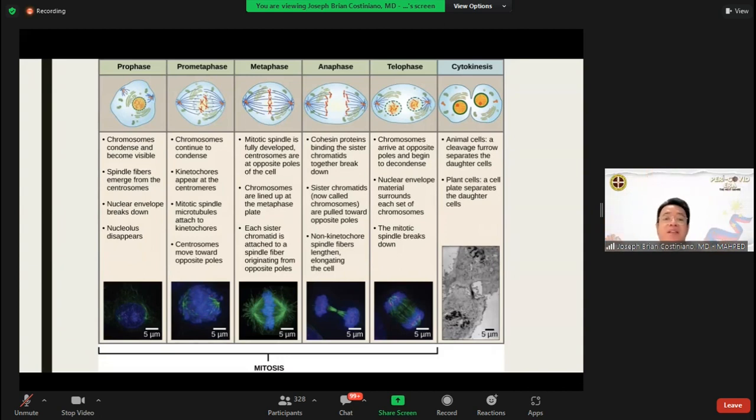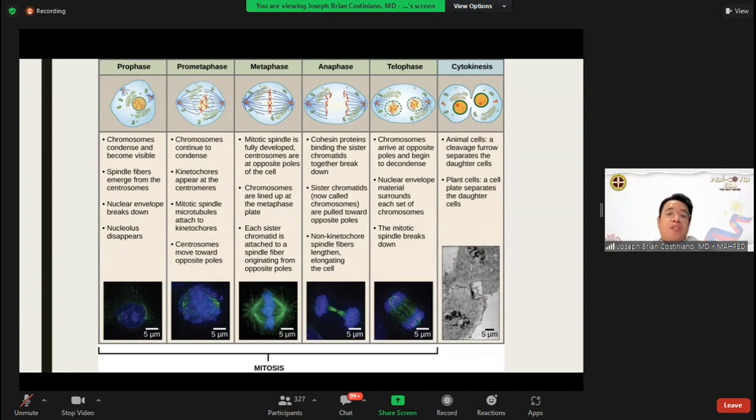Okay? Nasa sentro na po ang chromosomes natin dito. Okay, now when you talk about anaphase, no? Anaphase is when your sister chromatids will begin to be pulled towards the opposite poles.